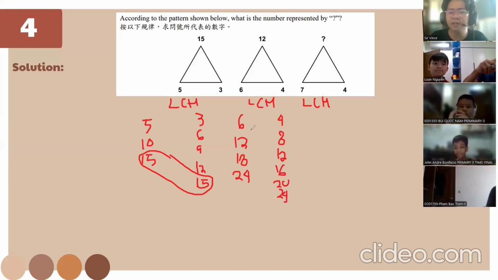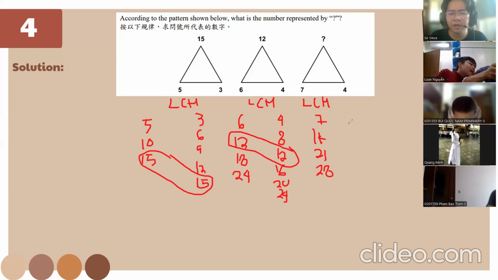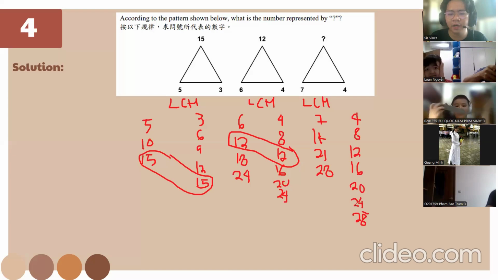But we are going to find their least common multiple. For 7, 14, 21, and 28, and for 4, 8, 12, 16, 20, 24, and 28. Be careful because sometimes it's going to ask for the least common multiple.